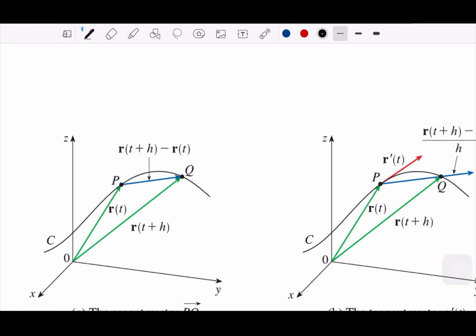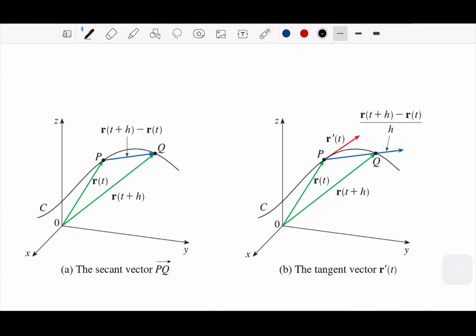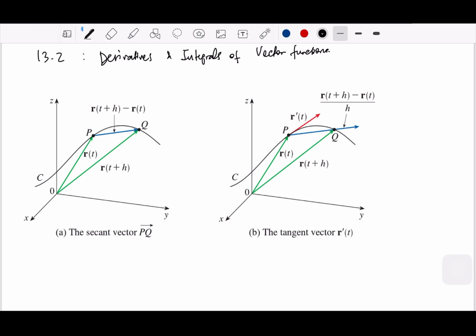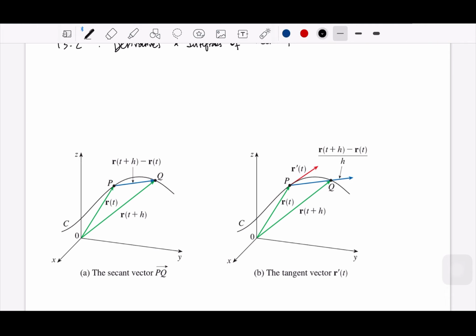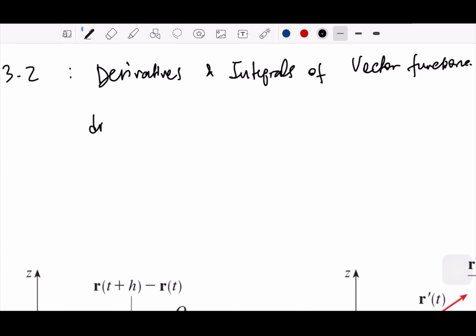Okay, now we are looking at the next section in chapter 13, which is 13.2, the derivatives and integrals of vector functions. Okay, now before we look at this graph, maybe let me just write the derivatives.